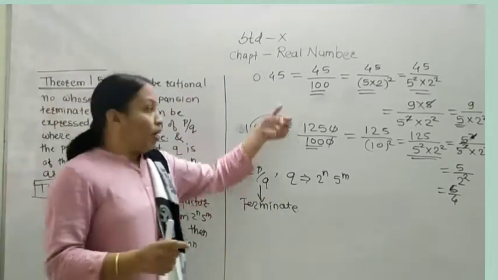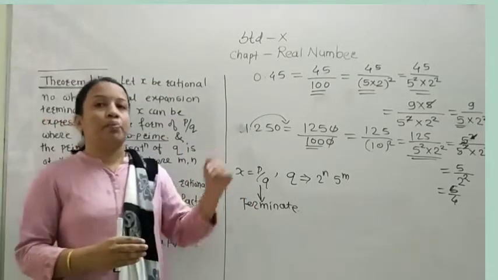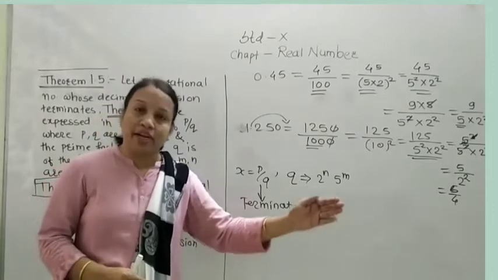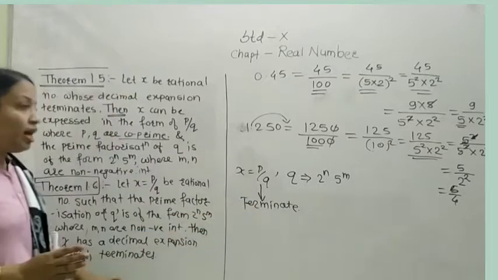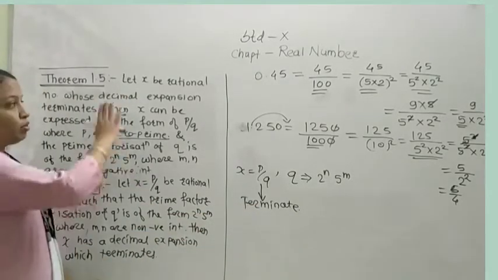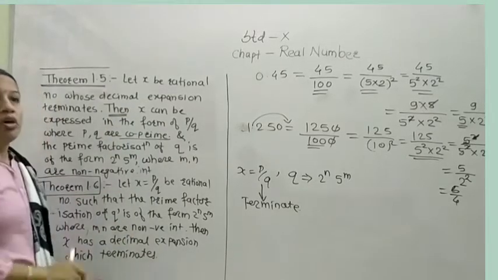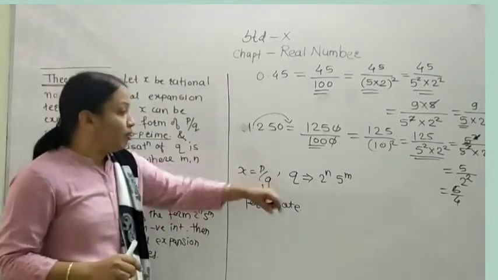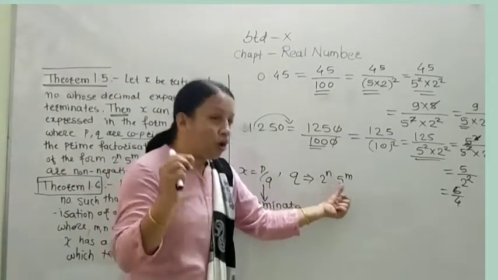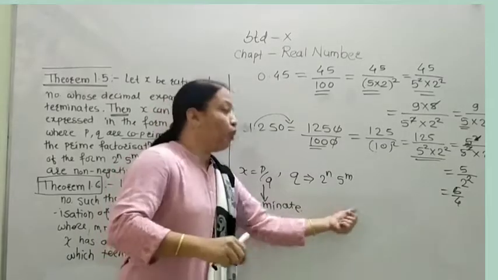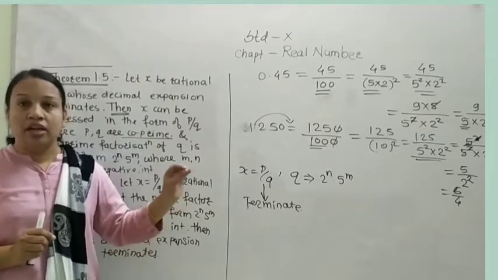So by observation and by use of this theorem only, you can say that the given rational number P by Q is terminating or non-terminating with recurring. So these theorems are useful. MCQs asked generally depend upon these two theorems only. So you should know that if your Q is of the form 2 raised to power n or 5 raised to power m or both, then that P by Q is definitely a terminating rational number.